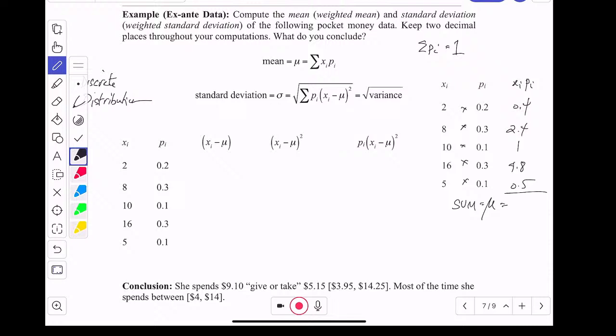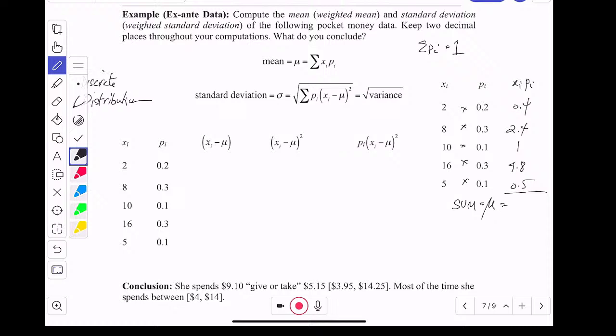is actually the mean, and notice I use the Greek letter because I'm treating this as the weighted mean. So you don't have to divide anything by anything, okay?